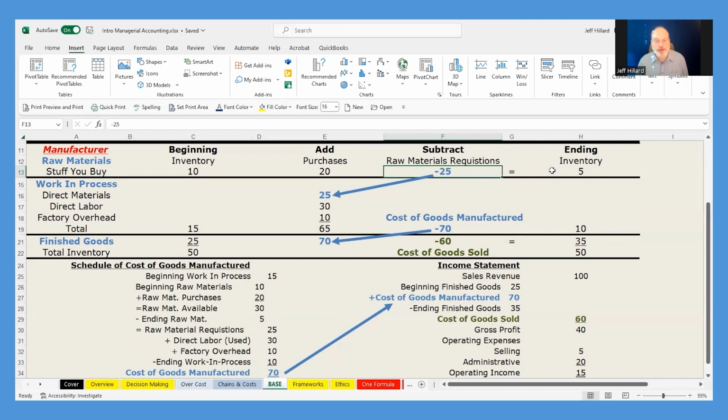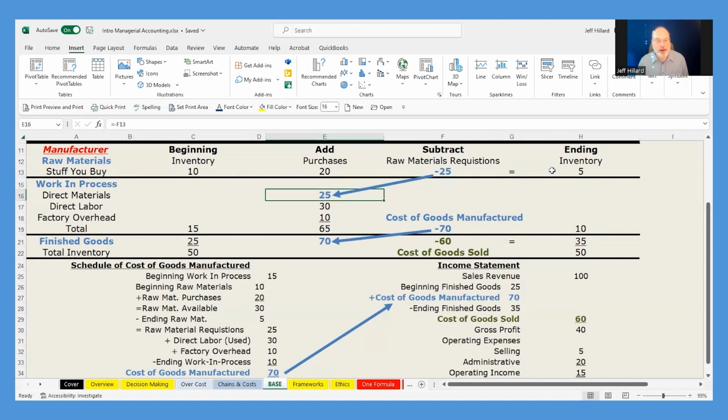However, instead of this going to the customer, we're now going to transfer it to direct material, and it becomes direct materials inside the factory.